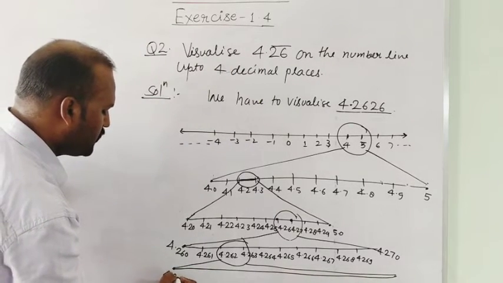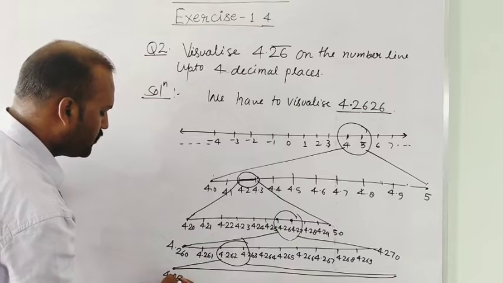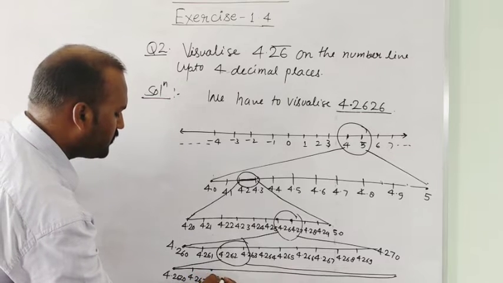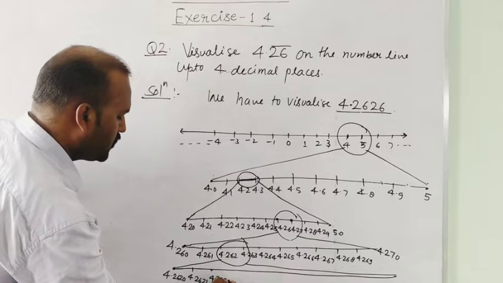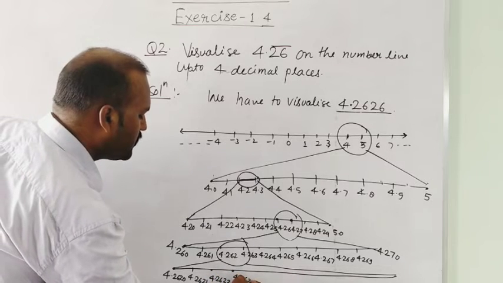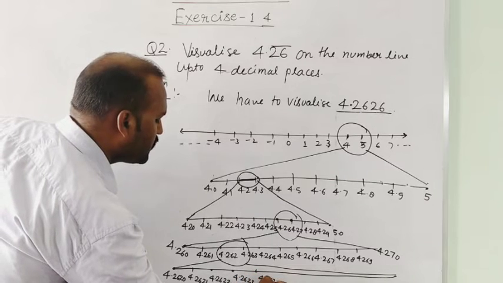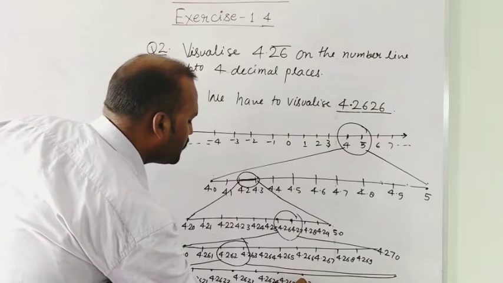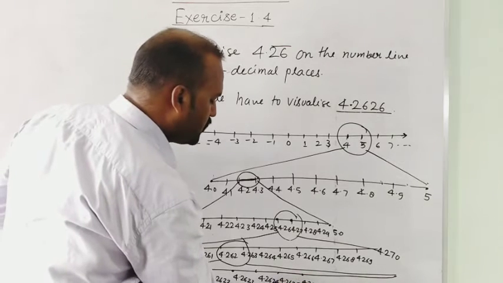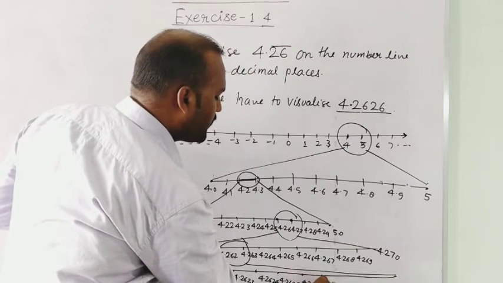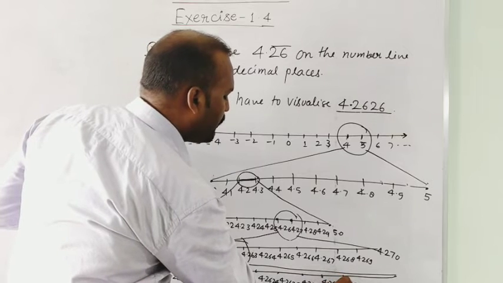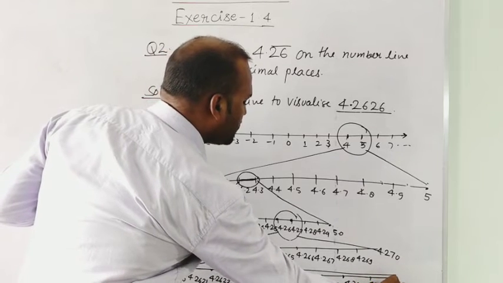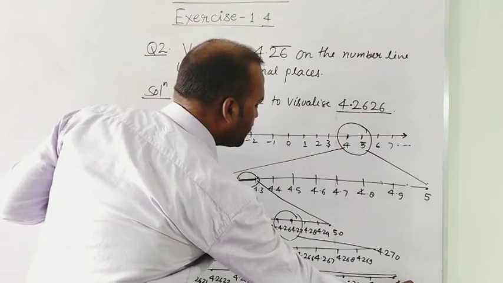This point is 4.2620. After this 4.2621, 4.2622, 4.2623, 4.2624, 4.2625, 4.2626, 4.2627, 4.2628, and the last number 4.2629, and the last is 4.2630.